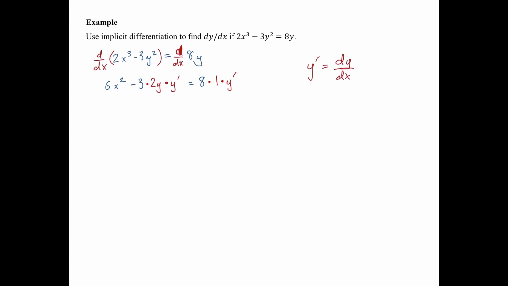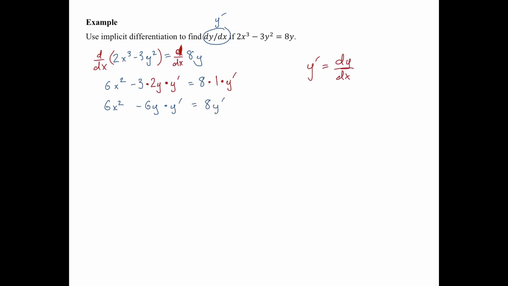So let's go ahead and clean this up now. We have to find dy dx, which is the same thing as y prime, so we still have to solve this for y prime. So we have 6x squared minus 6y times y prime, and that will be equal to 8y prime.